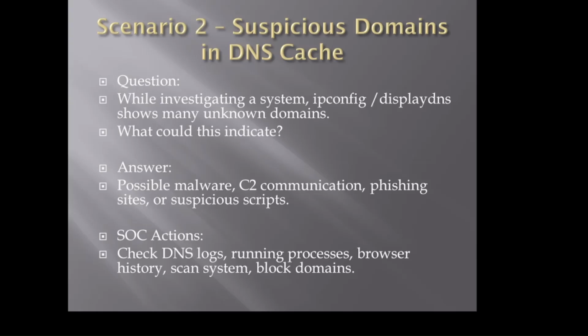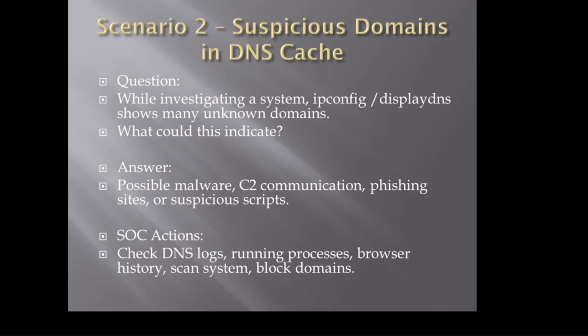This could indicate malware infection, command and control or C2 communication, phishing website access, or suspicious applications running on the system. From a SOC analyst perspective, DNS cache is very useful because it shows which domains were resolved on that system, even if DNS logs are not available.